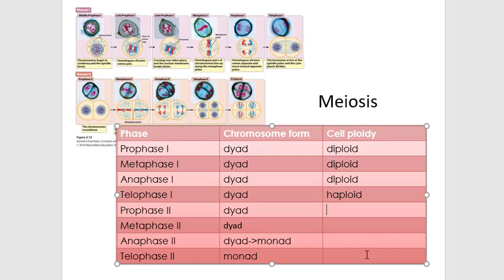Then the cell remains haploid for the rest of the phases, except in anaphase 2, when the chromosomes are pulled apart. Remember that the chromosome number doubles. So you could say that you go back to a diploid number of chromosomes during anaphase 2, but when the cells separate by the end of telophase 2, each cell is now haploid.